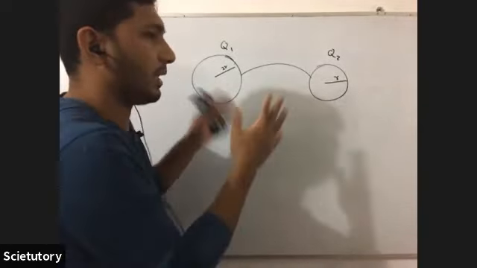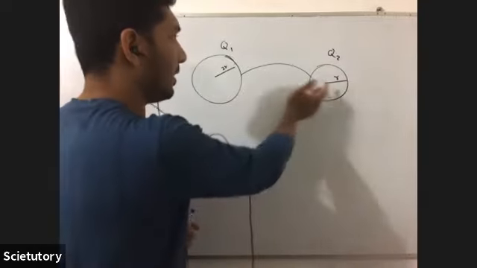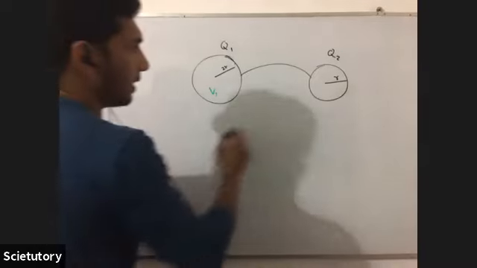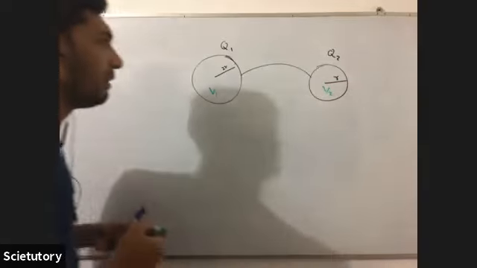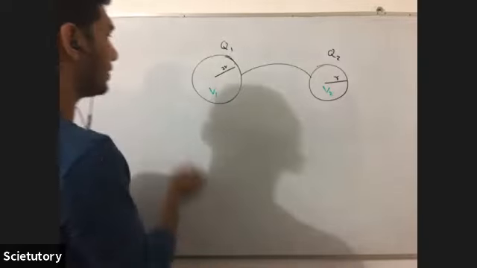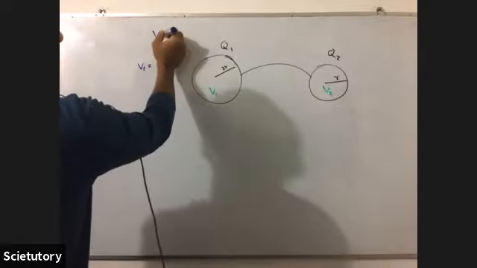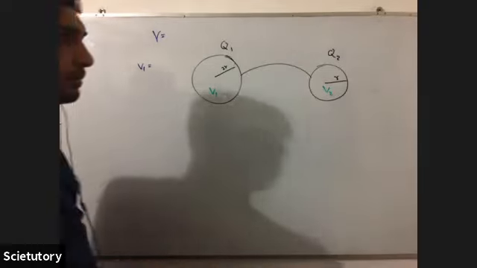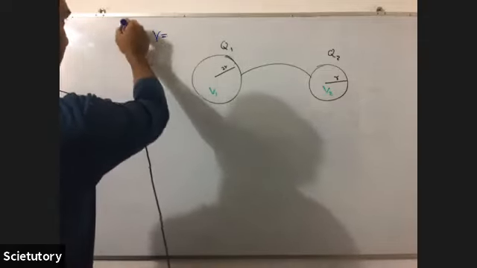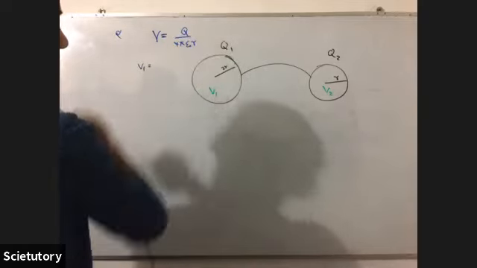After all the exchanging of charges, the flow of charges, they will remain at equal potentials. If the potential of this sphere is V1 and this is V2, we have our equations for V1 and V2. So what is the equation for V1? The common equation for the potential of a sphere with charge Q is Q over 4 pi epsilon naught R, isn't it?